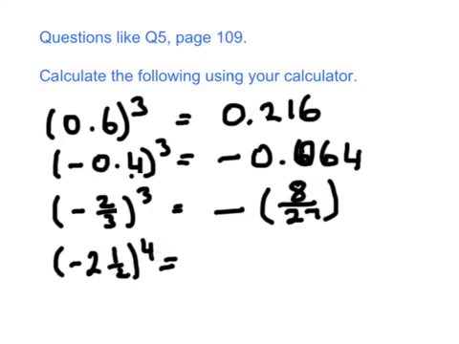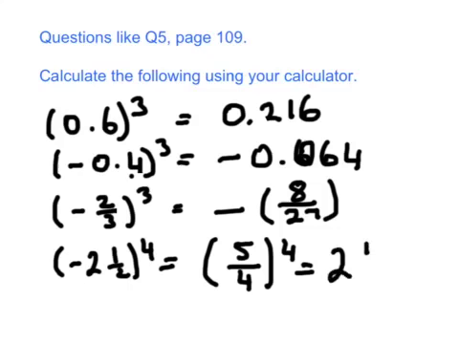So really this is the same thing as 5 to the 5 over 4, remember that times that plus that over that, raised to the power of 4. And my calculator is going to tell me that the answer is 2 and 113 over 256. And that's the end of this little video.